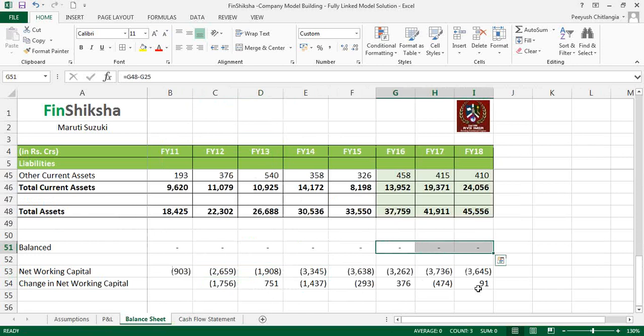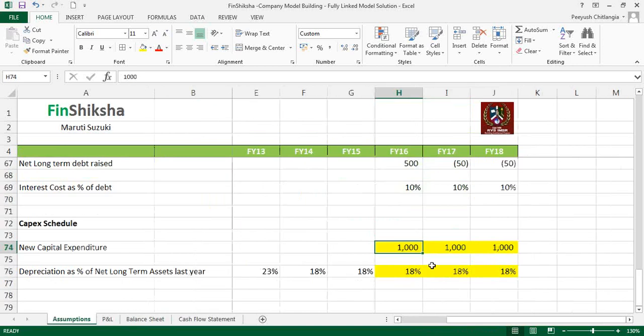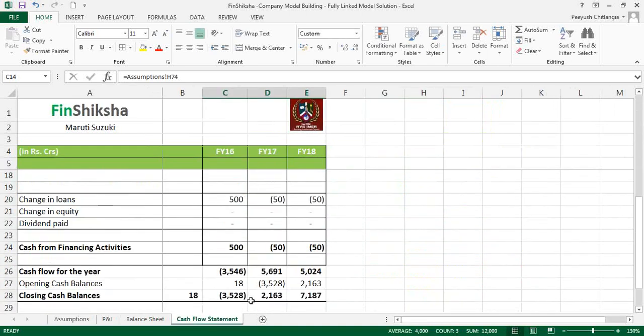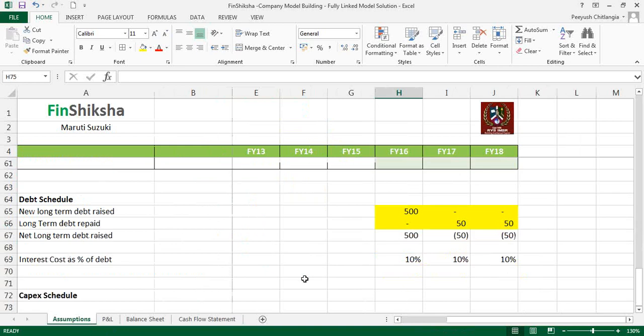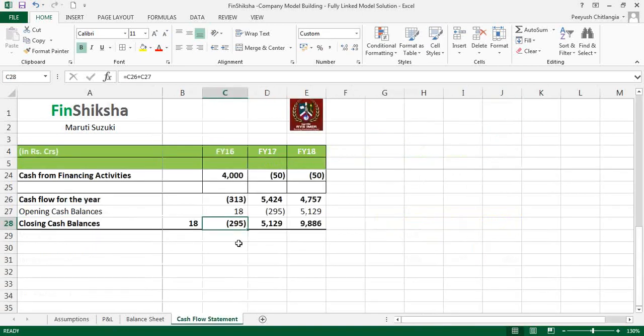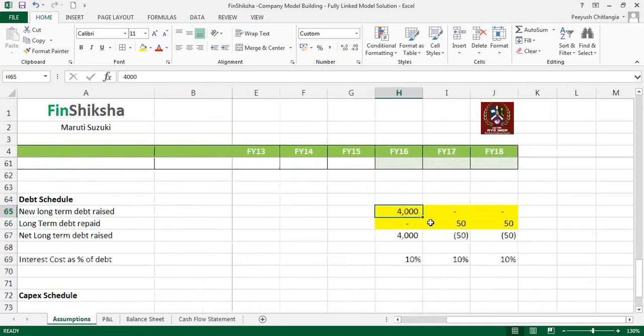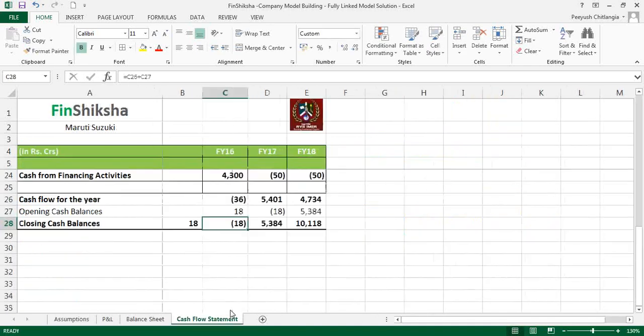Now, if the company comes and announces any kind of capital expenditure, you would have incorporated that directly into the model. So if they say we are going to do 10,000 crore of capex, you note that the cash flow will not allow them to do it. They are negative. So either they don't do it or they go and raise 4,000 crore of loan, in which case they're almost break even, so slightly higher number of loans like 4,300, and they should almost be breaking even, right?